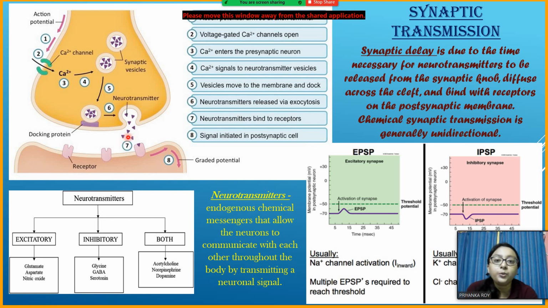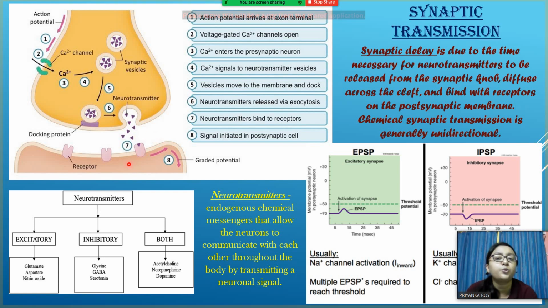Okay, so once the neurotransmitters are released via exocytosis, they bind to specific receptors present in the postsynaptic neuronal membrane. Once the receptor binds to the specific neurotransmitter, a signal is initiated and it is transmitted towards the next cell.